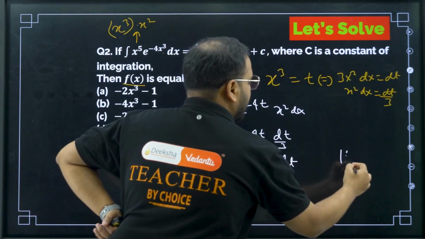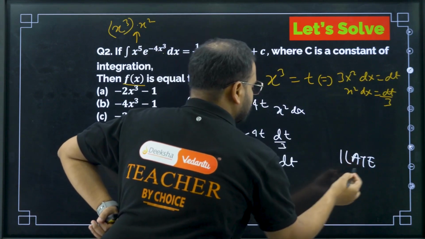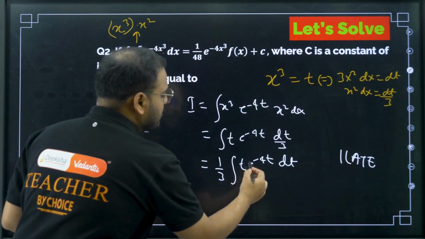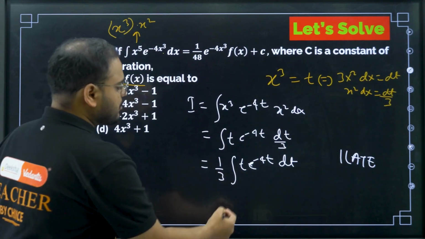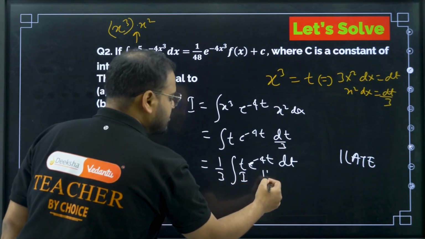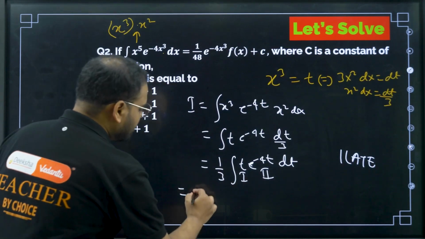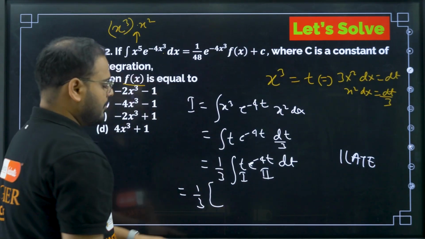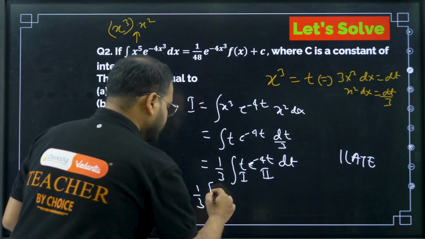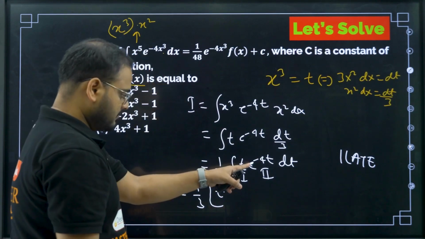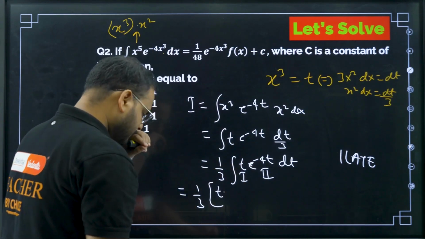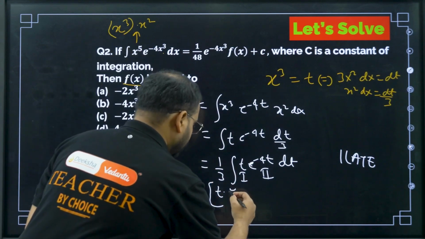I'm going to use integration by parts to solve this. Can you check? This is by parts, no? Exponential and algebraic function, so algebraic has preference. So this is 1, this is 2. 1 by 3 is the constant, keep it outside. Keep the first function as it is, integrate the second one.